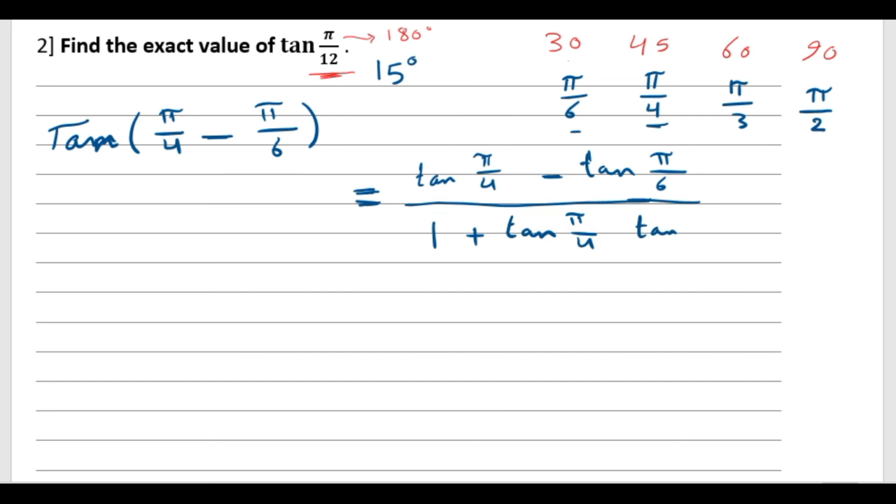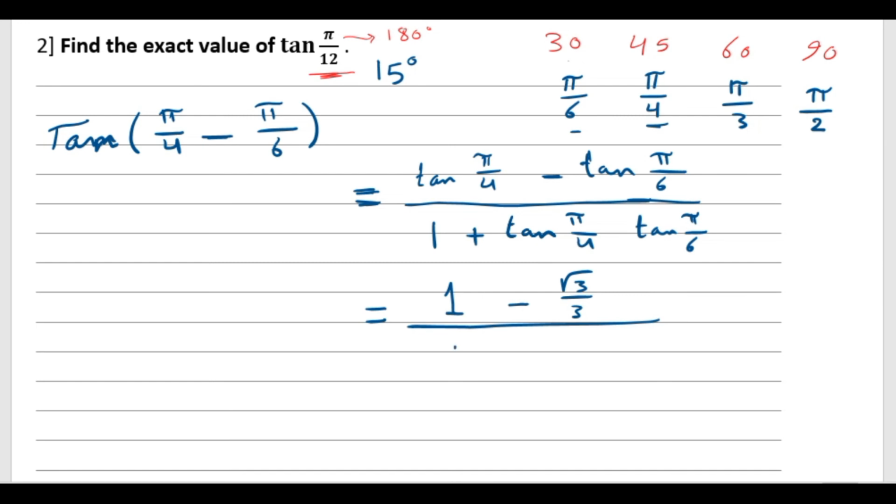tan second angle. As we did in the last question, for each function with an angle given as a number, we have to find its value from the table we studied before. The first part, tan pi over 4 equals 1, minus tan pi over 6 equals root 3 over 3.